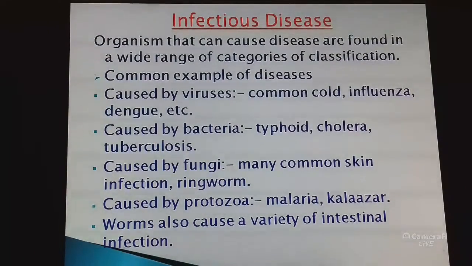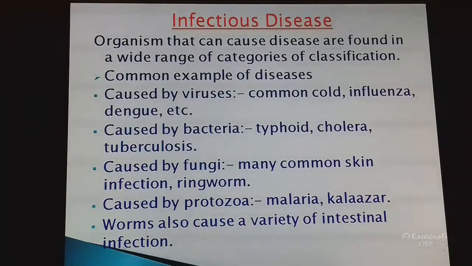Some common infectious diseases. Organisms that can cause disease are found in different categories of classification. For example, diseases caused by virus: common cold, influenza, dengue. Diseases caused by bacteria: typhoid, cholera, tuberculosis.